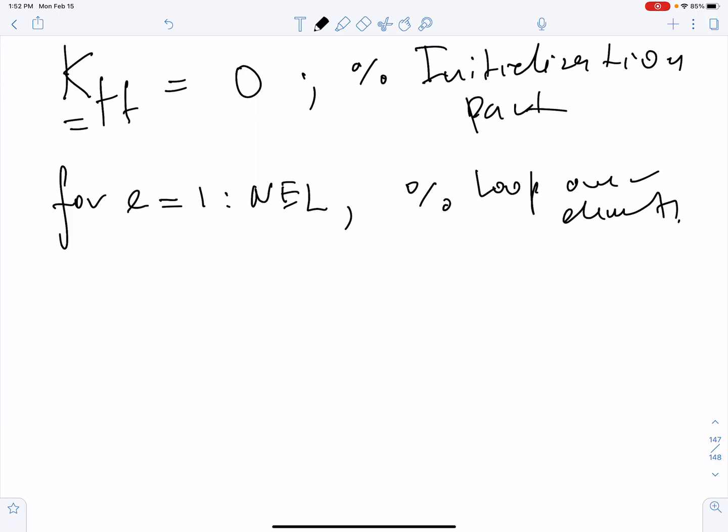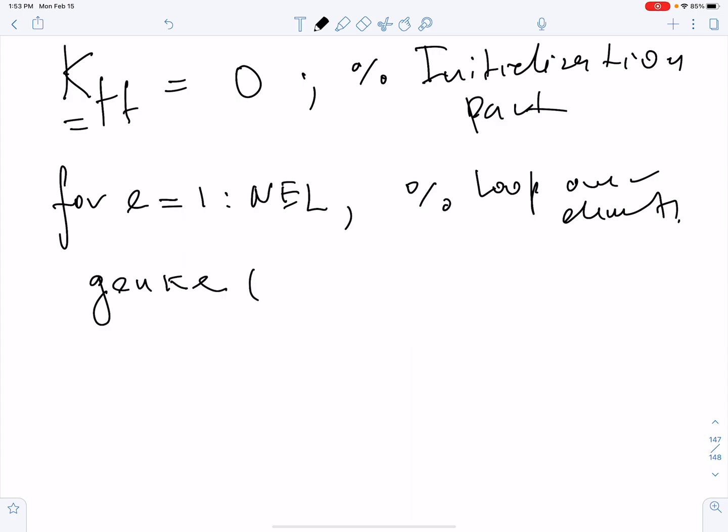And then for every one of these elements, supposedly you have a procedure that you've implemented in the computer that gives you the element stiffness matrix. Let's call this Gen KE.